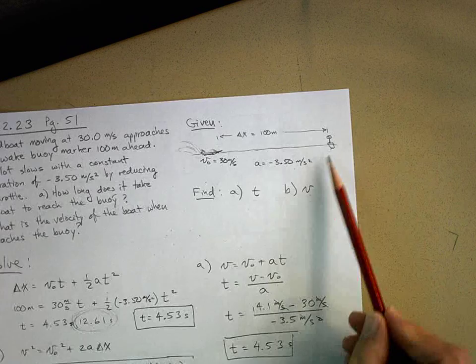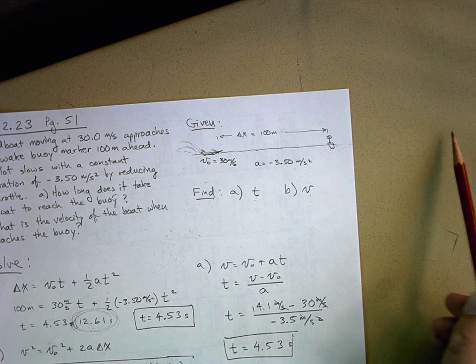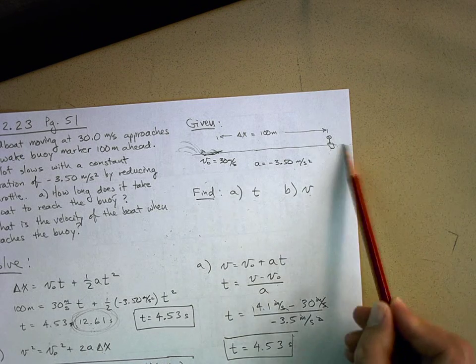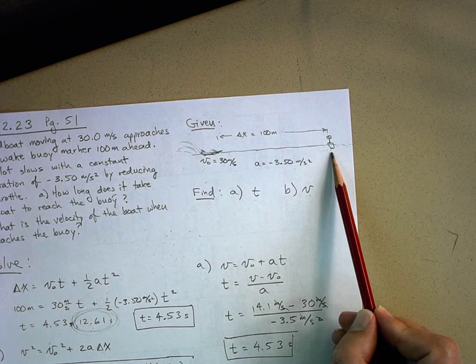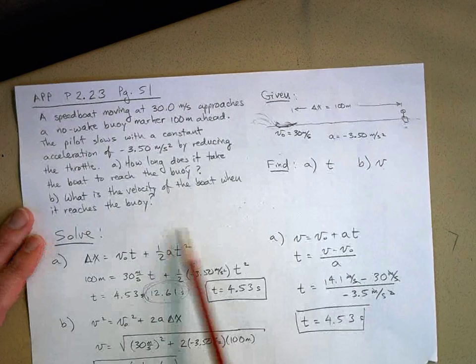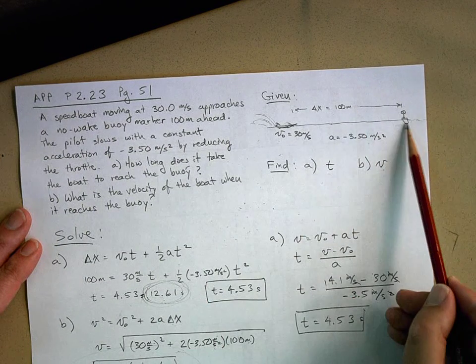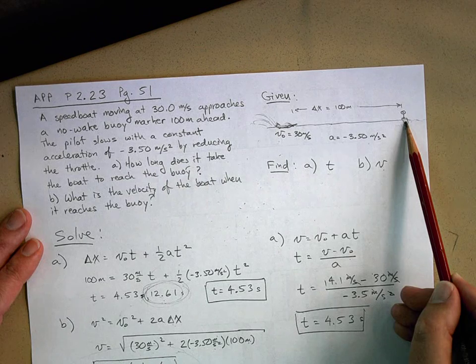It's going to go off the page, slow down, stop, and then speed up, and then reach the buoy again. So that's why there are two answers. There are two times where, if these conditions apply, it will reach the buoy. It'll reach the buoy with a velocity of 14.1 meters per second.